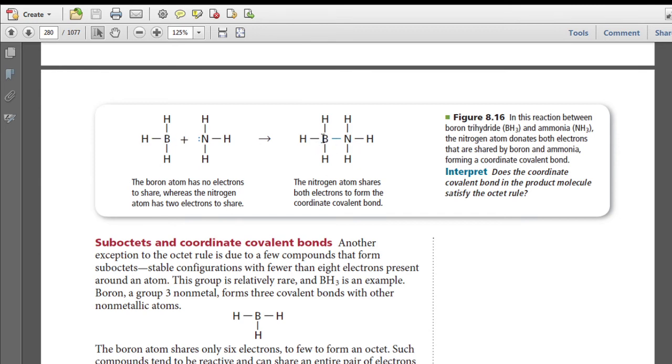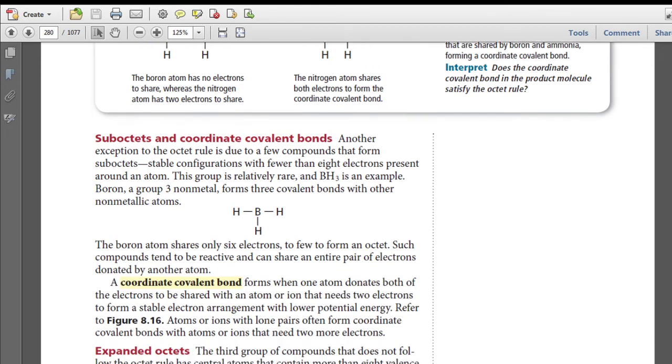Now boron has a complete octet. Even nitrogen still has a complete octet because it's still 2, 4, 6, 8. But now boron also has a complete octet because it's 2, 4, 6, 8 electrons in there. And this happens all the time in chemistry. Coordinate covalent bonds are nothing rare.